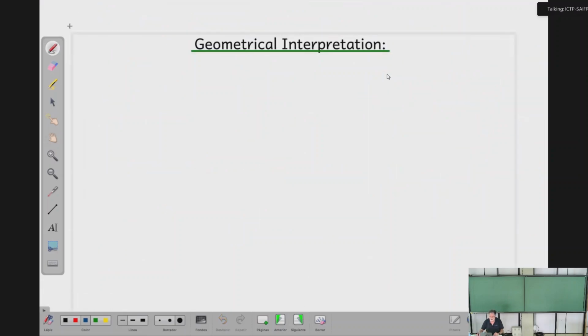So the geometrical interpretation: you have an equation. Let me write just the y now, dy/dt is some f of y. And it's a first order equation, and this y belongs to some vector space that we can think to be Rn.